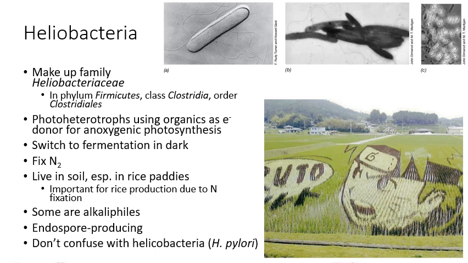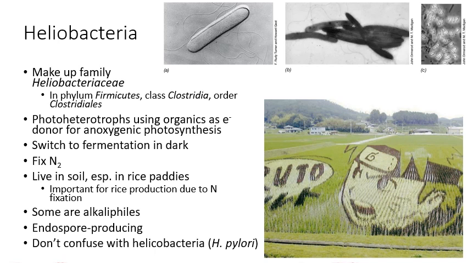Some Heliobacteria are alkalophiles and they like a high pH environment. They're also able to produce endospores, which is pretty unusual. So most bacteria cannot produce endospores. The ones that can, about half of them are going to be found in class Clostridia.